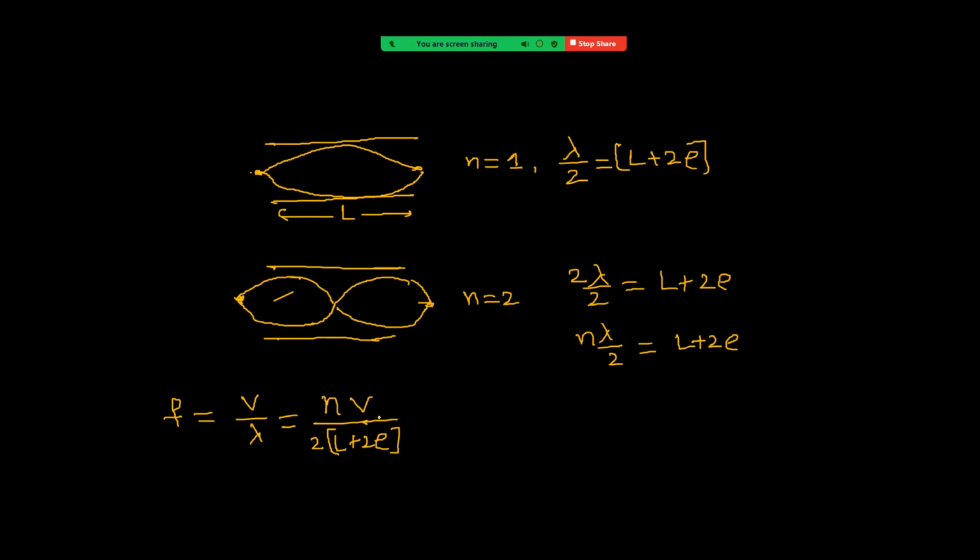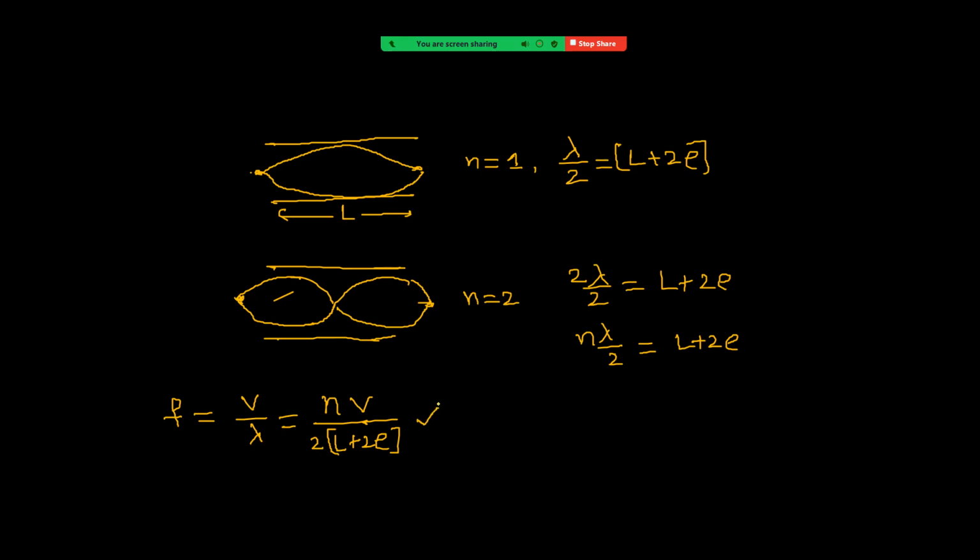This is the frequency of the nth harmonic. Cross-check once here. Lambda is 2 into (L plus 2E) by n, right?